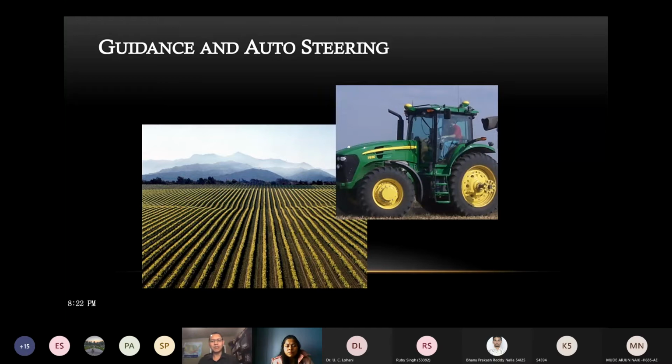I was reading somewhere that more than 70% of the tractors that are produced currently have the capability to use this kind of auto steering system, and farmers are widely using these kinds of technologies to follow straight or predefined curved paths or trajectories to do field operations such as planting, plowing, harvesting, and such.